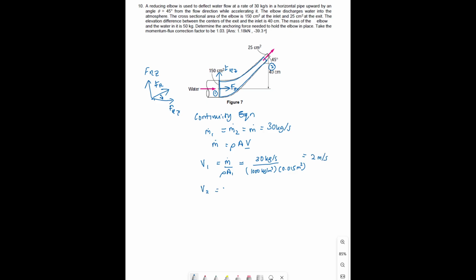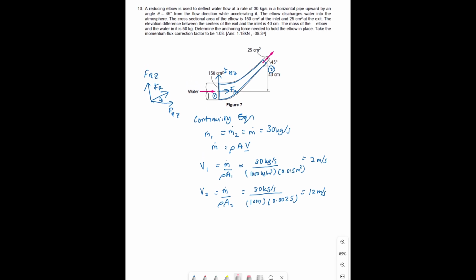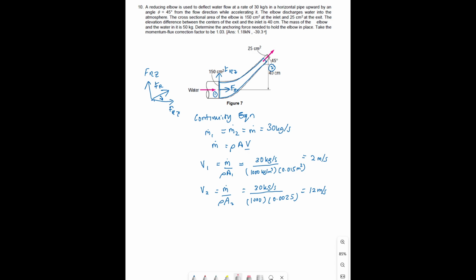And for V2, we use the same formula, substitute the given values, and get a velocity of 12 meters per second. So we can see the elbow has increased the velocity from 2 meters per second at the inlet to 12 meters per second due to the change in the area of the pipe.